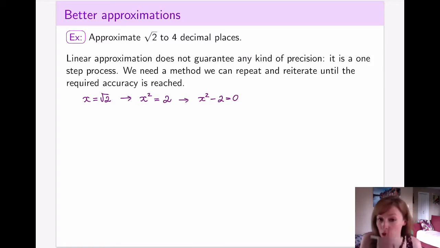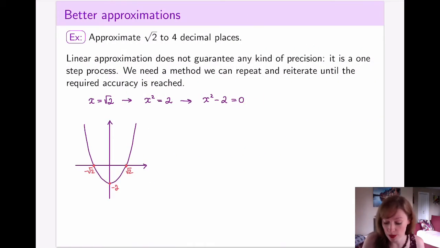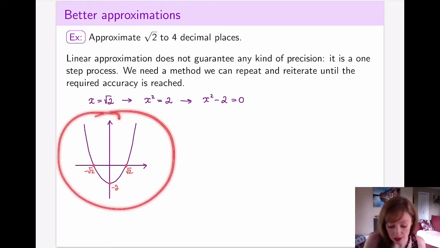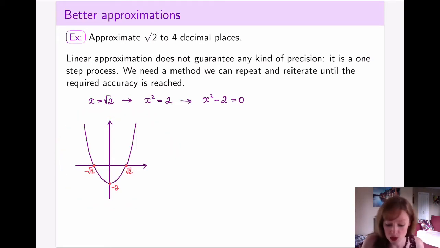Let's think about this graphically for a second. If I were to now sketch the situation, what am I going to see? I have a graph of x squared minus 2, which is just a parabola shifted down 2 units. And now I see that my square root of 2 and the negative version of it is actually an x-intercept of this function. So x-intercepts are also called roots.